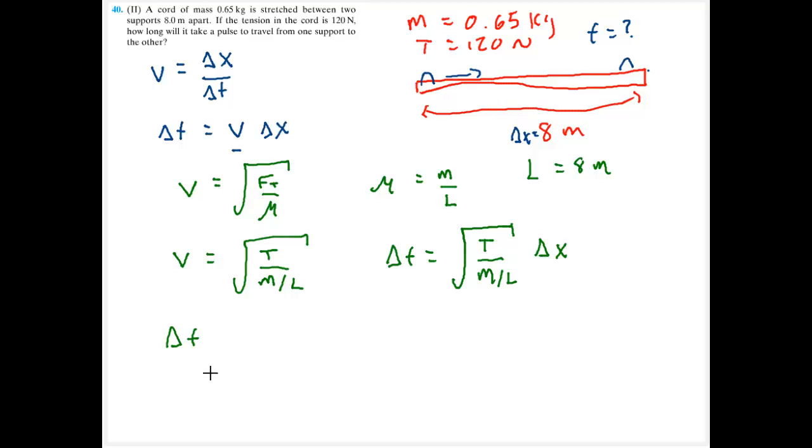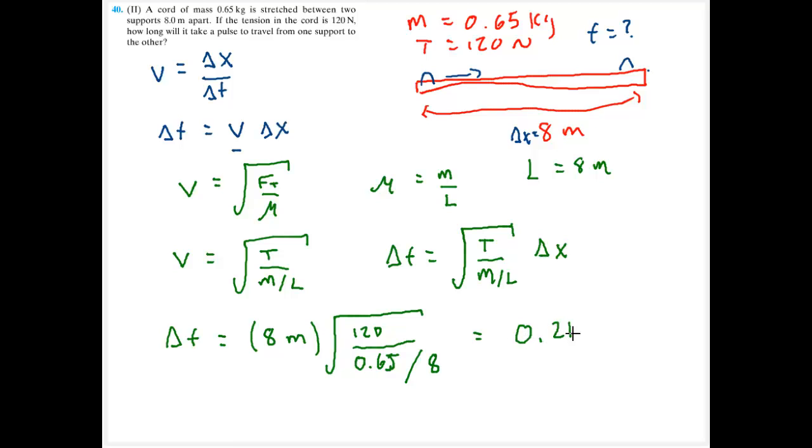So plugging everything in, my delta time is going to be equal to my 8 meters, that's my delta X, divided by the square root of the tension force, 120 newtons, divided by the mass of the string, 0.65 kilograms, divided by the length of the string, 8. And all that is going to give me a time of 0.21 seconds.